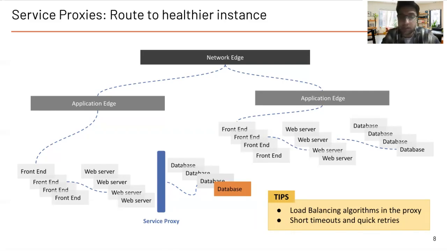Maybe that can be detected through higher latency or higher error rate or some other signal that is coming from that instance, and is usually coming from the sidecar proxy running next to them.